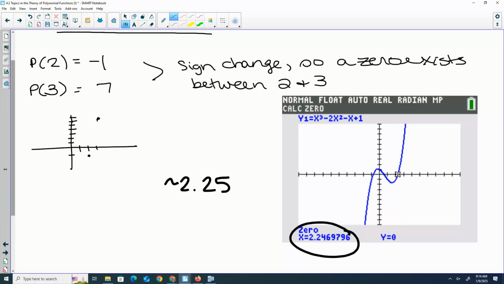So on the Math Excel, there are a couple questions that will say use a graphing calculator to approximate it. That's what you need to do.